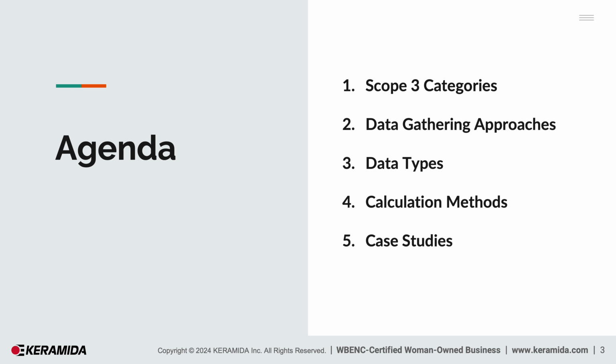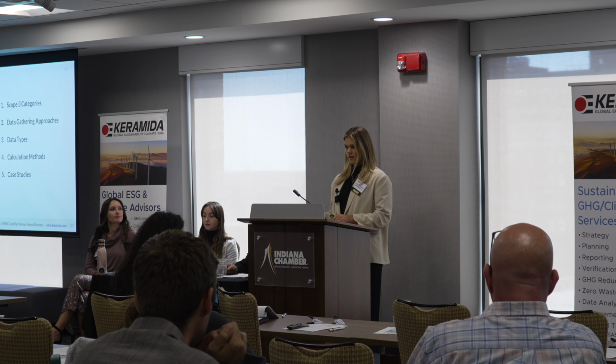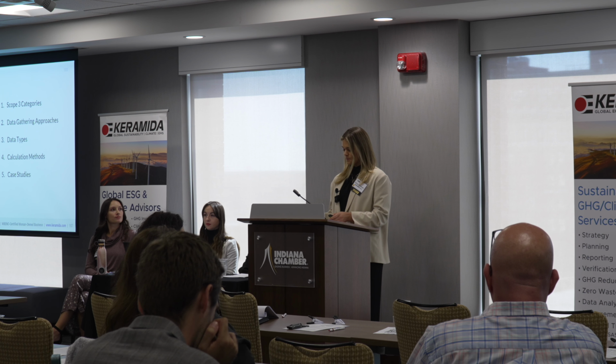I'll go over some approaches to data gathering that our clients have used and that we consider best practice to date, the different data types that you should be requesting and gathering and that you can use to actually calculate greenhouse gas emissions from. And then I will go over 2 brief case studies that we have worked with in the last year.